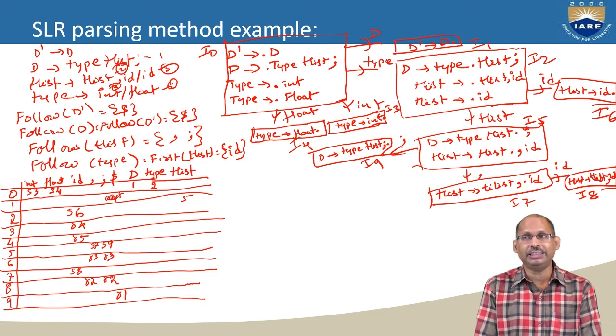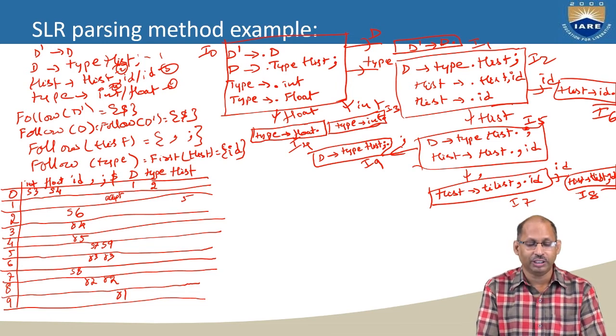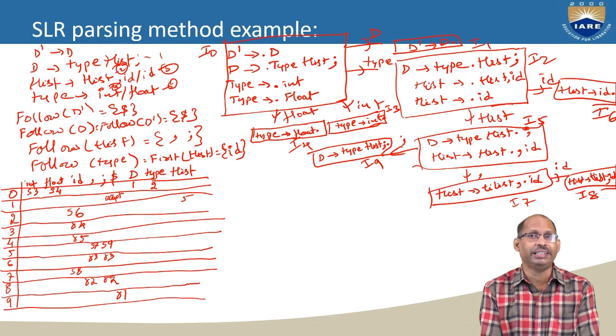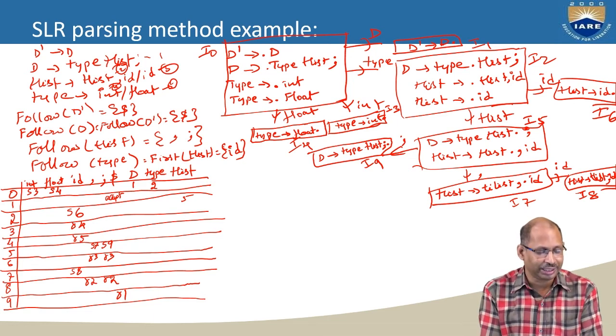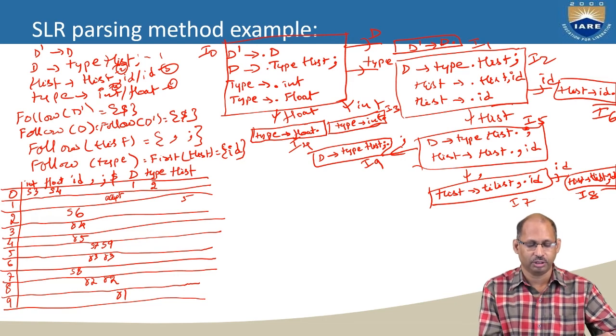Now, using this SLR parsing table, by considering some input, we'll parse the input. This is the input for the declaration of variables of integer type or float type. You can declare multiple variables.